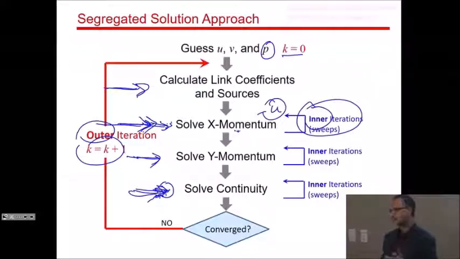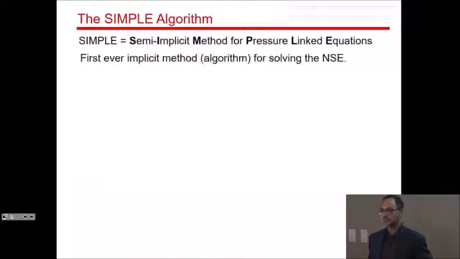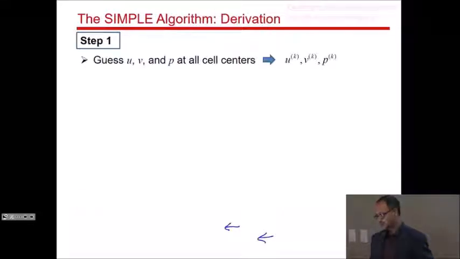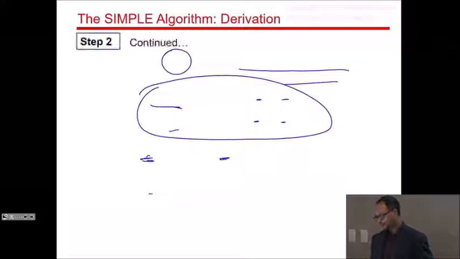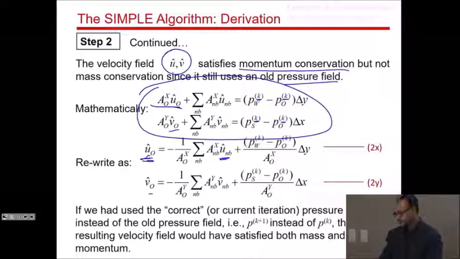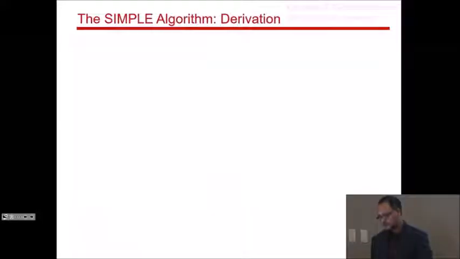But I can say that if I had that, then that's what would happen conceptually. So if I used P^(k+1) in these equations instead of P^k, then ideally I would have satisfied both mass and momentum conservation.